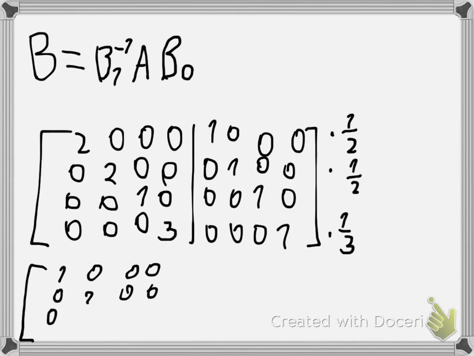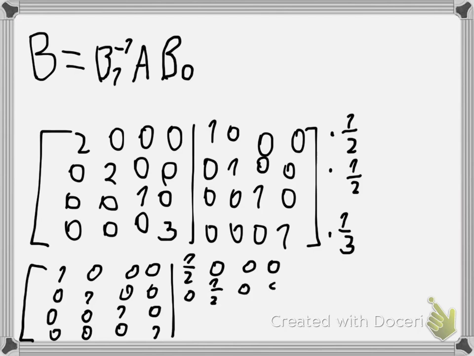On the right, the rows will be 1/2, 0, 0, 0; 0, 1/2, 0, 0; 0, 0, 1, 0; and 0, 0, 0, 1/3.